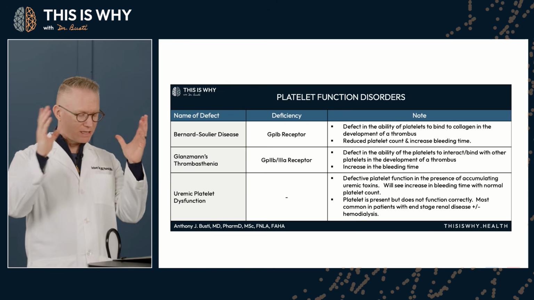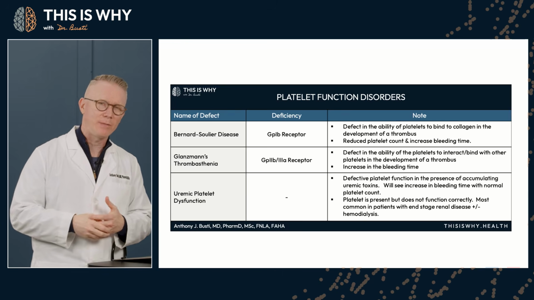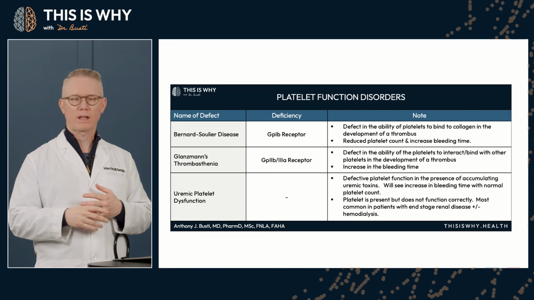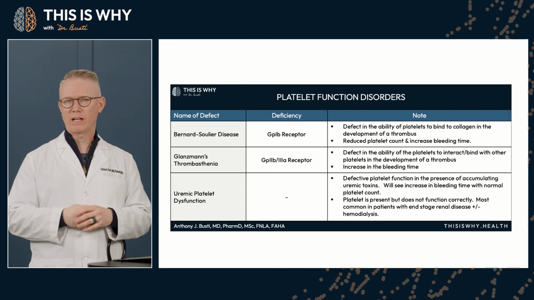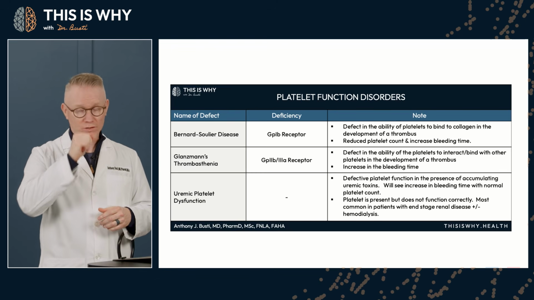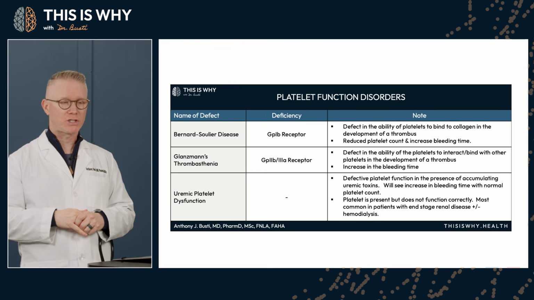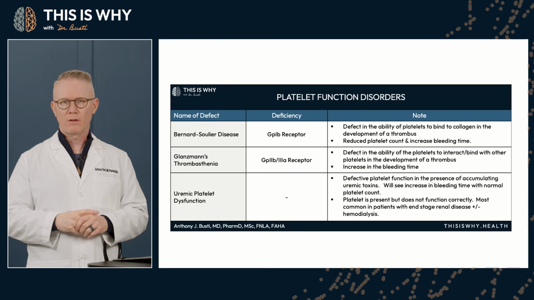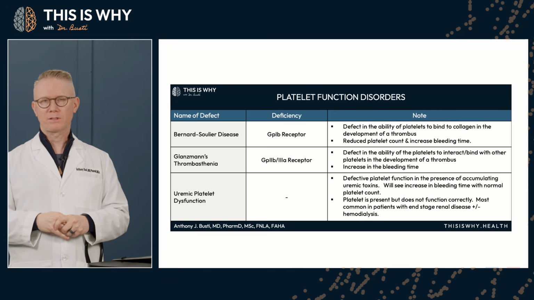Other things get created when you're not eliminating things from the body that keep the platelet from working. We also have endogenous problems with nitric oxide and prostacyclin that contribute to that. So it's a very complicated disease, but patients with CKD will spontaneously start bleeding even with normal platelet counts.